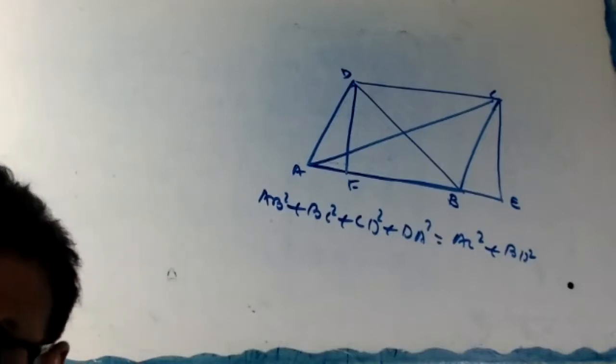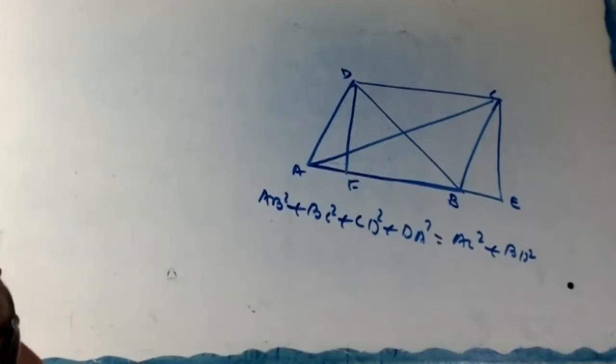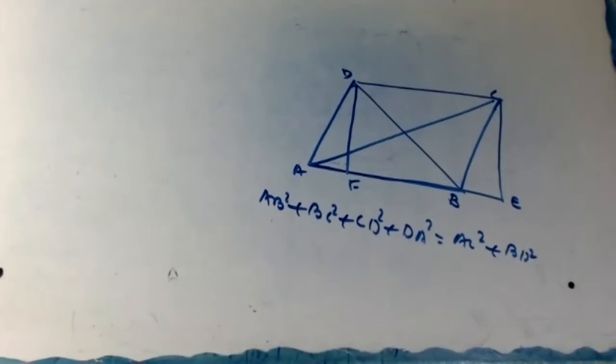Draw DF and CE perpendicular to AB. Okay, now listen here. You can write: in triangle AFD and BEC. In triangle AFD and BEC.